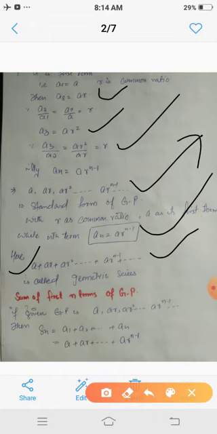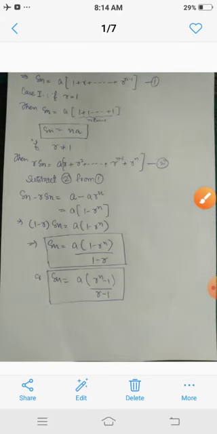Here a1 is a, a2 is ar, and so on to an is ar^(n-1). Now take a common, because a is multiplied in each term of this GP, which implies that by taking a common we get a times 1 plus r plus and so on to r raised to power n minus 1.